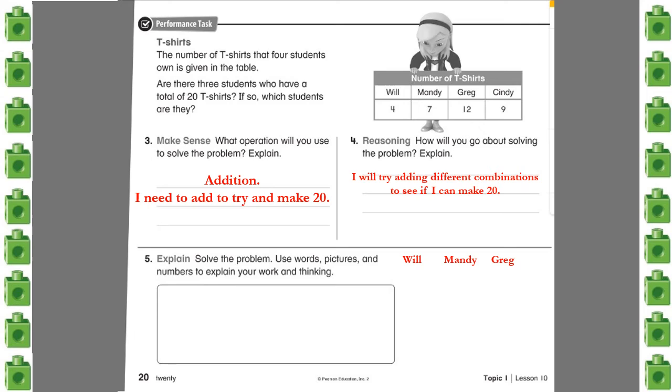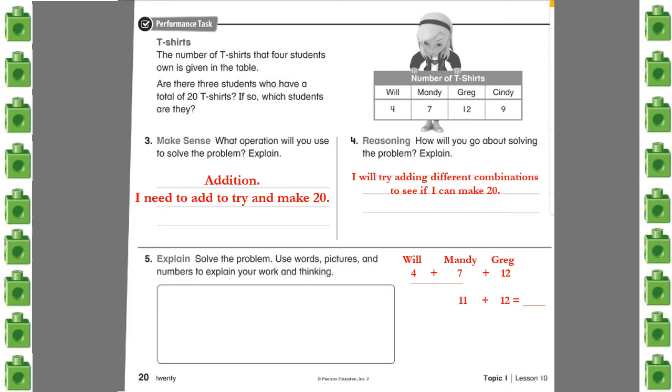I'm going to try adding these 3 students' shirts together. Will has 4, Mandy has 7, Greg has 12. And I'm not going to add 3 numbers all at once just yet. I'm going to start with these here. I'm going to add 4 plus 7. And maybe I'll use counters, maybe I'll use a bar diagram, a 10 frame, an addition facts chart, whatever.